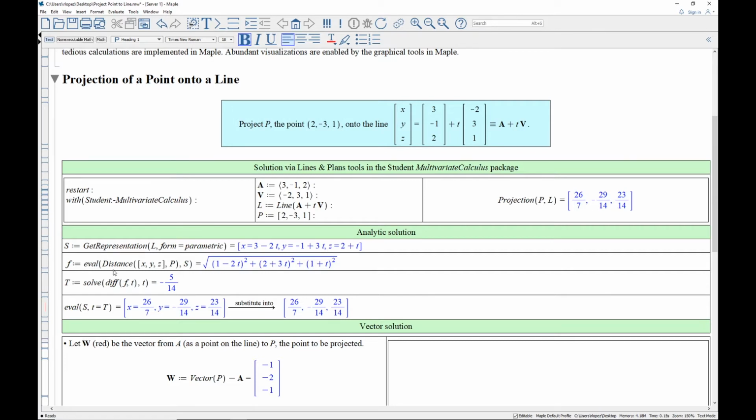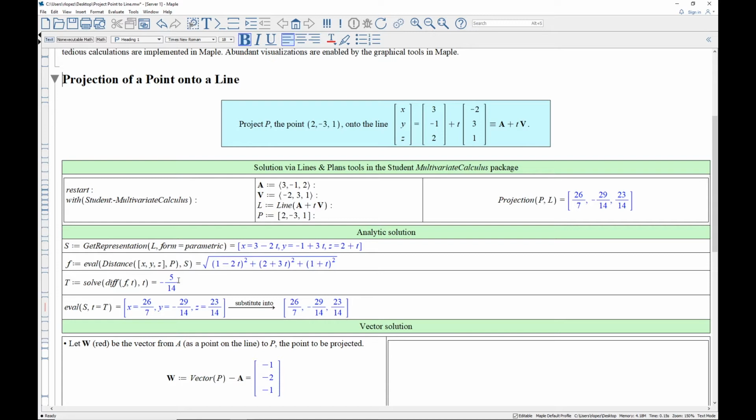The distance between an arbitrary point, x, y, z, and the projection point, if evaluated with x, y, z using these equations, you get a function of t. Differentiate that with respect to t, set equal to 0, and solve. You get this value of t.